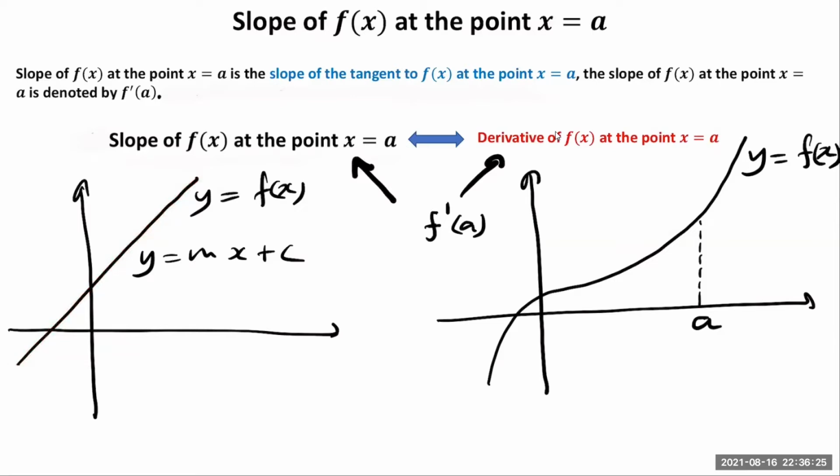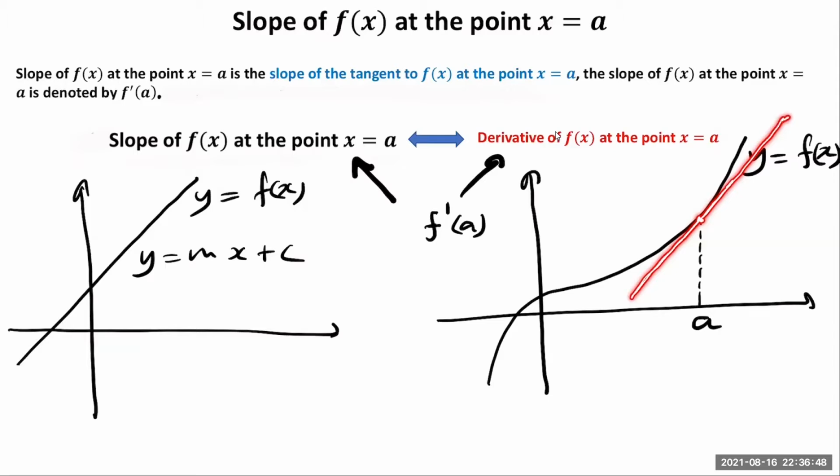What you do is you draw a tangent at this point to the graph of f of x. So if I draw a tangent to the graph of f of x at that point, you get a straight line like this, right? If you draw a tangent at x is equal to a, this is the straight line that you get. This is the tangent to f of x at x is equal to a.